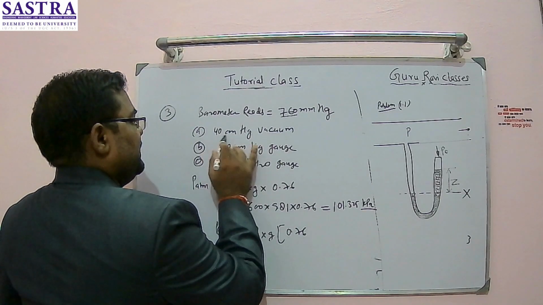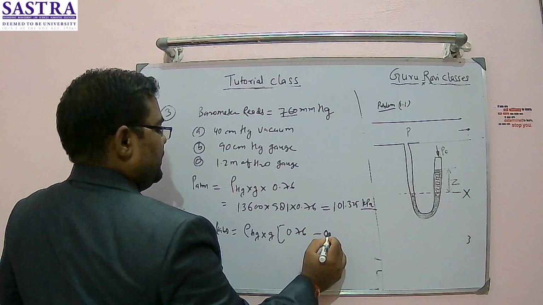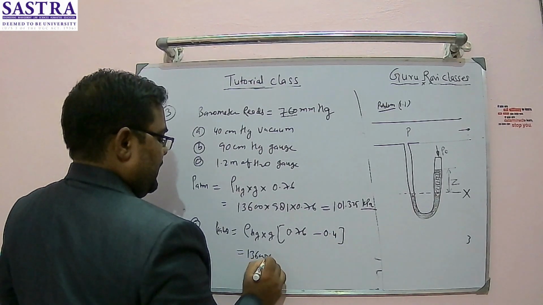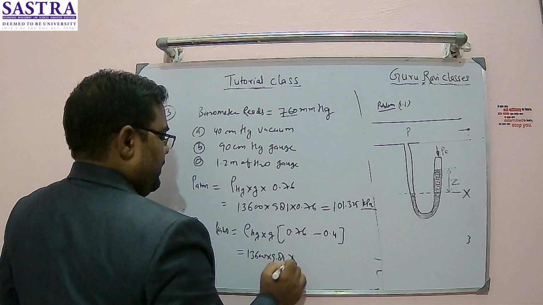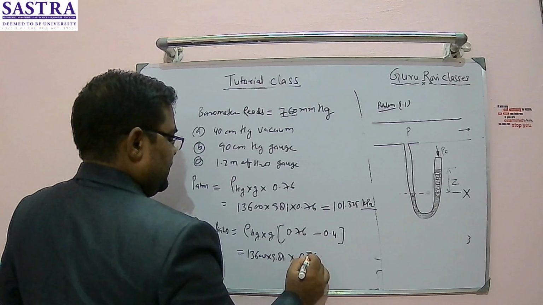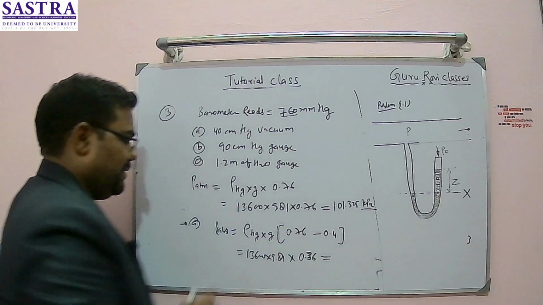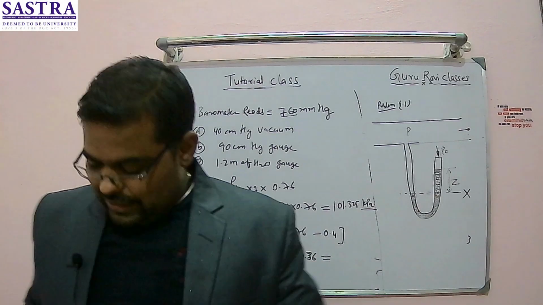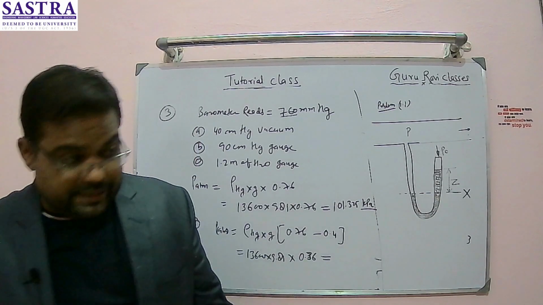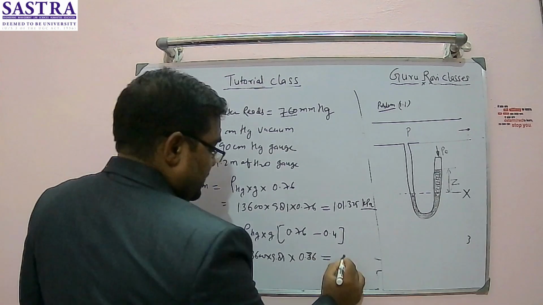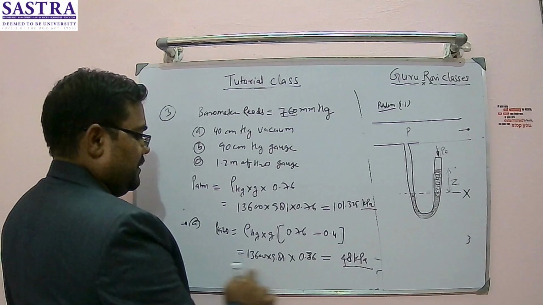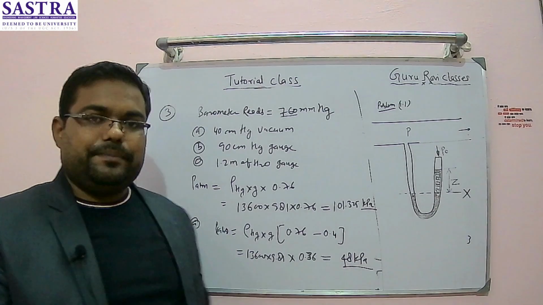If I want to write 0.4 in meters, I can write 13,600 into 9.81 multiplied by, if you subtract this, 0.36, right? Whatever value you get from here is called absolute. In part A, it is coming around 48 kilopascal. So the first answer is 48 kilopascal.